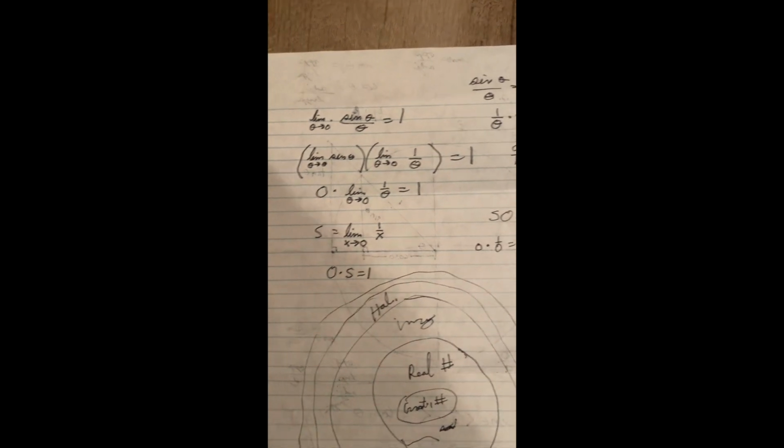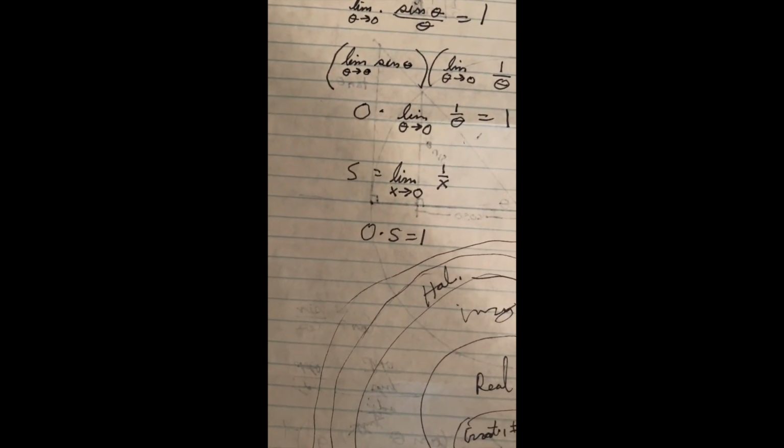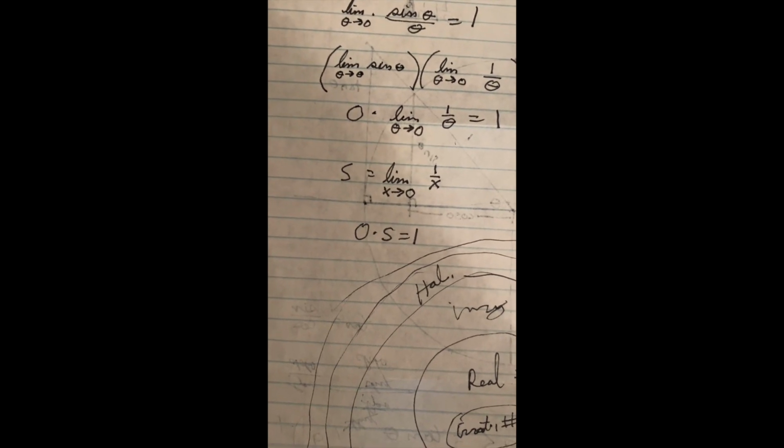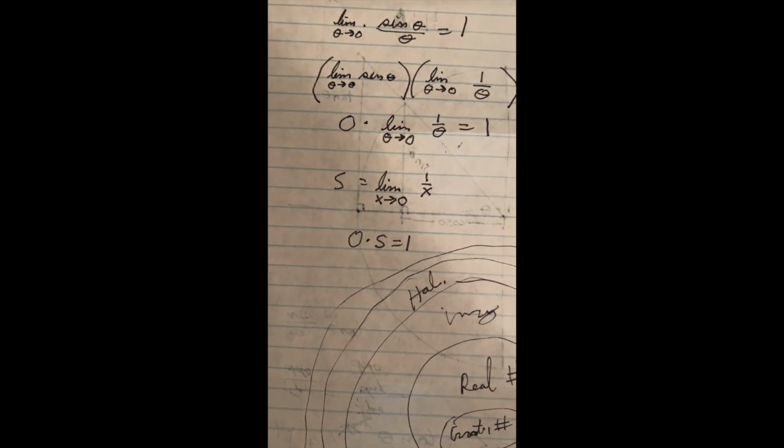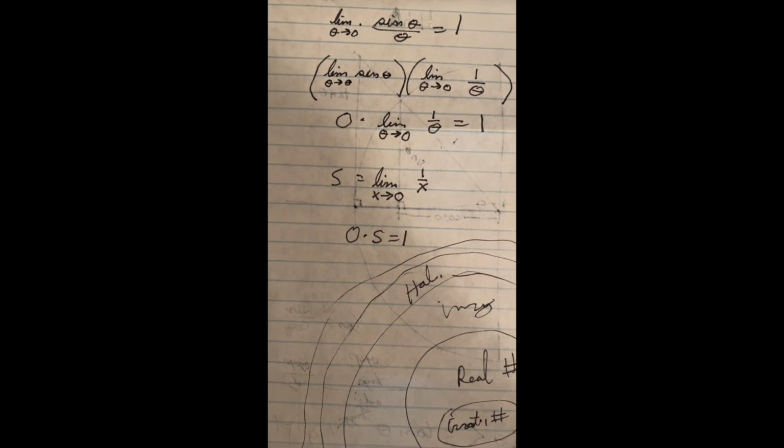So now you could ask, what is S? One could infer that S is infinity. I'm not saying that. One could come to that conclusion, but what I am saying is 0 times that limit does equal 1. So some number times 0 equals 1.